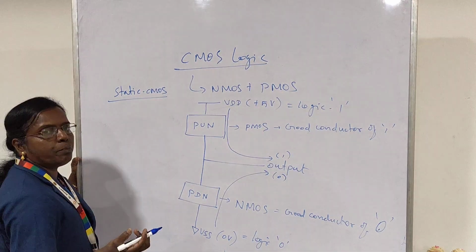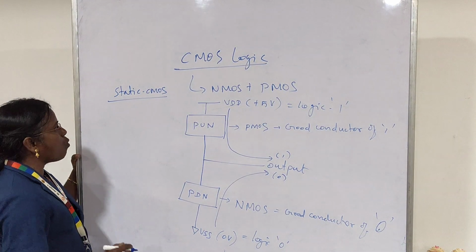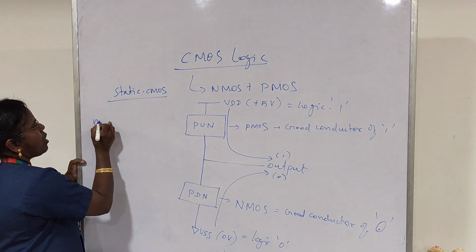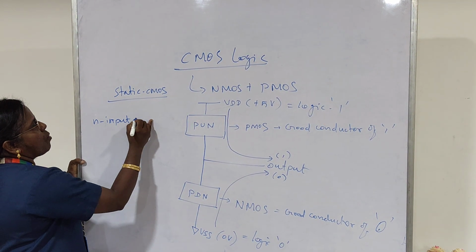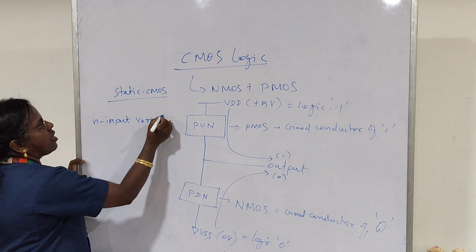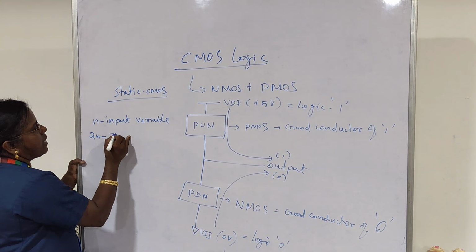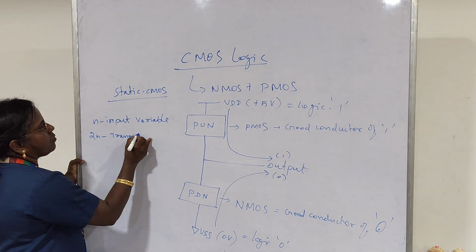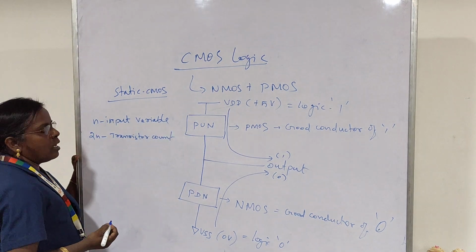So what's the relationship between the input variable and the transistor count? If we have n number of input variables in the logic function, we should have 2n transistors. Transistor count becomes 2n.